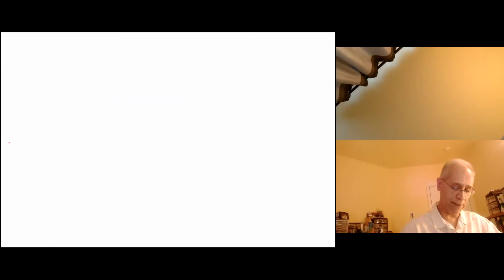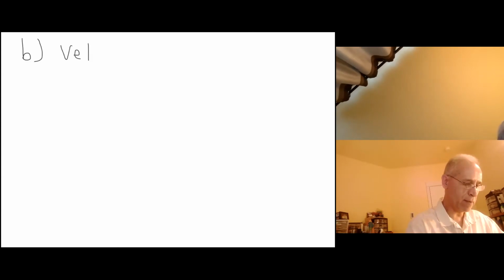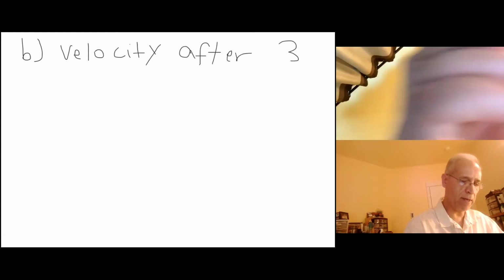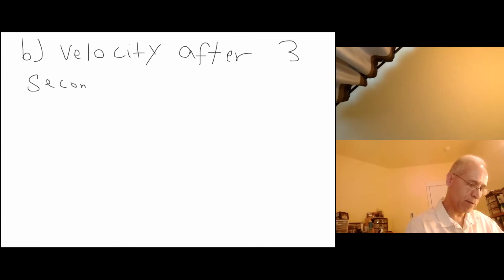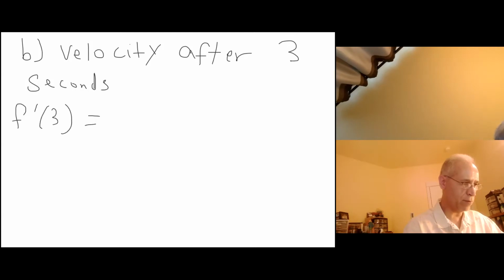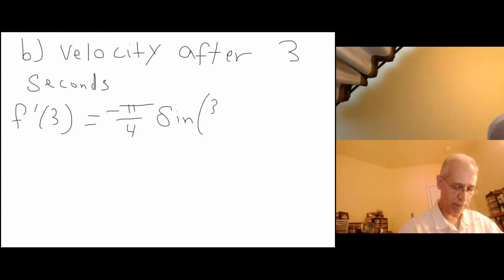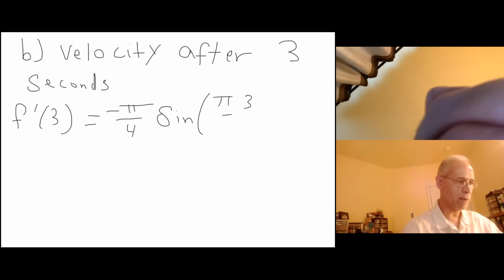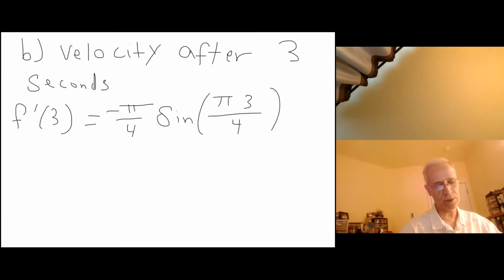Part B is asking for the velocity after 3 seconds. So f prime of 3 equals minus pi over 4 sine of 3 pi over 4, just to be exactly the same as what I had before.